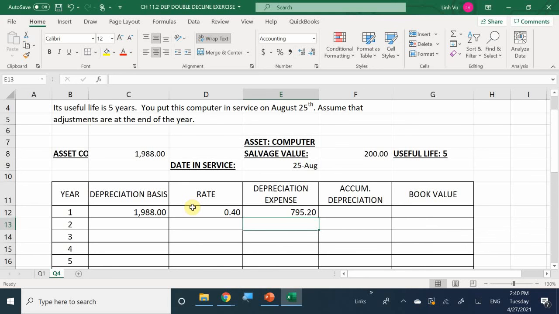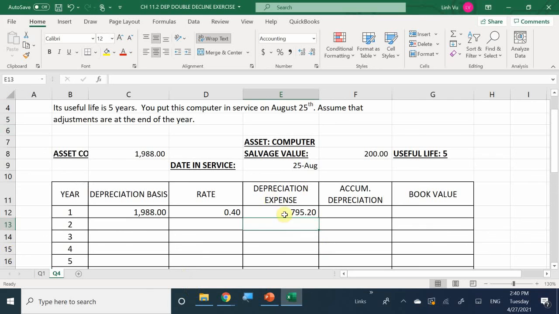In terms of fractions or decimals, what's 4 divided by 12? 0.3333. Therefore 1/3 of the depreciation expense is what I can depreciate my asset for.